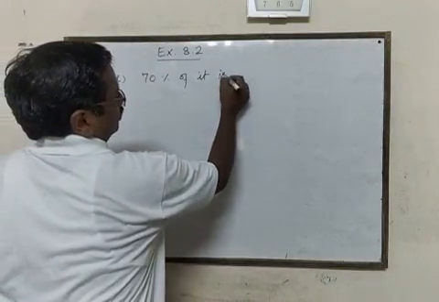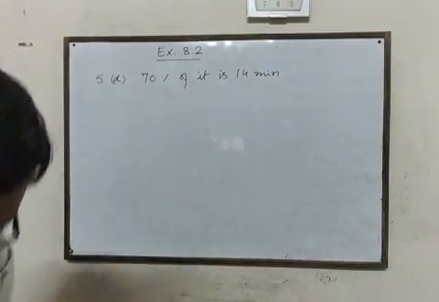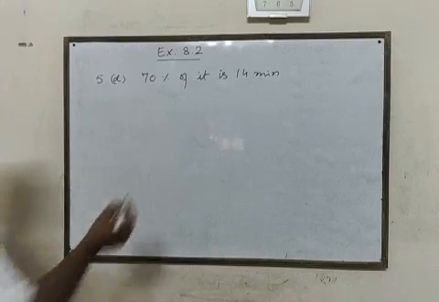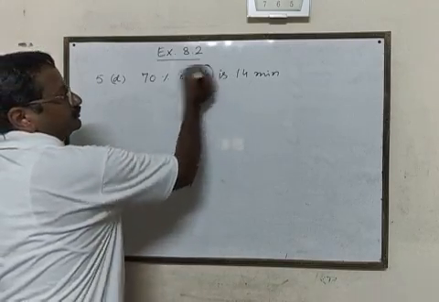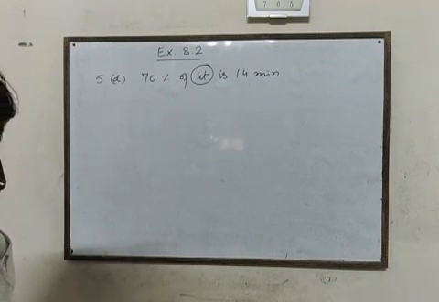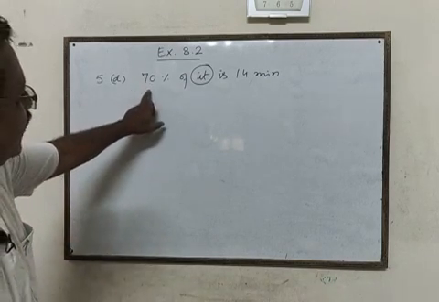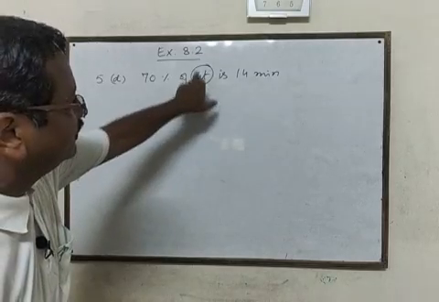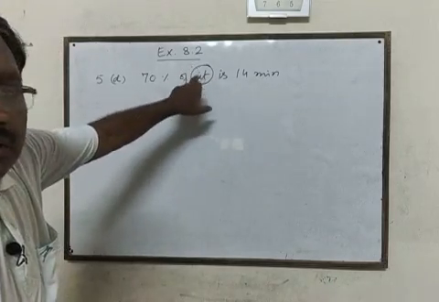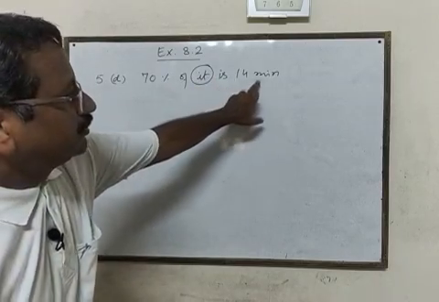Now this "it" means whole quantity. You read the question headline, find the whole quantity, so "70% of it" means this is used for whole quantity. 70% of whole quantity is 14 minutes.